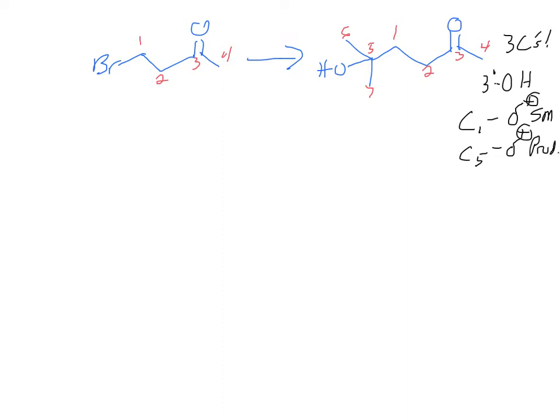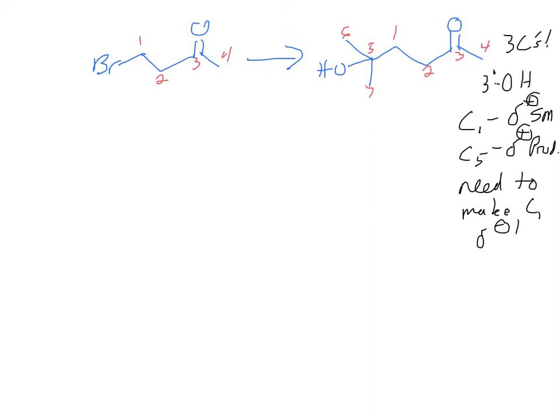What do we need to do to C1? Can it stay delta plus, or do we have to make it delta minus? We have to make C1 delta minus, right? So we need to make C1 delta minus. Do you see that?